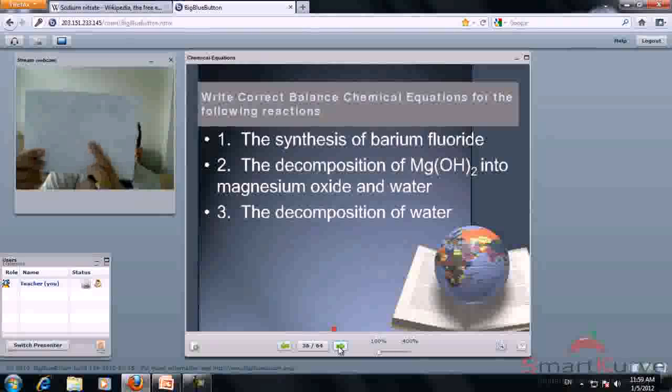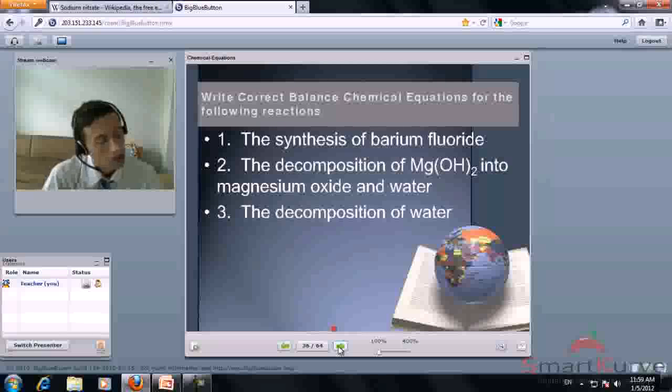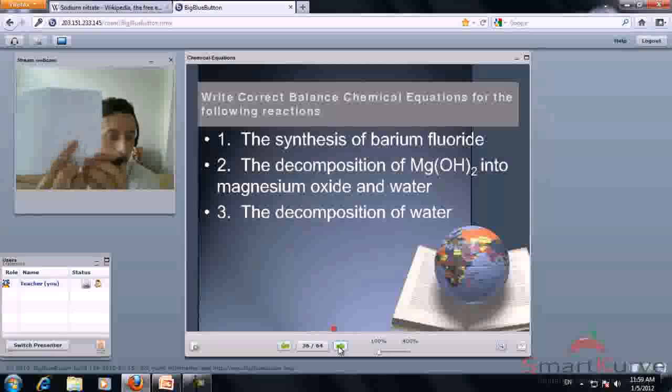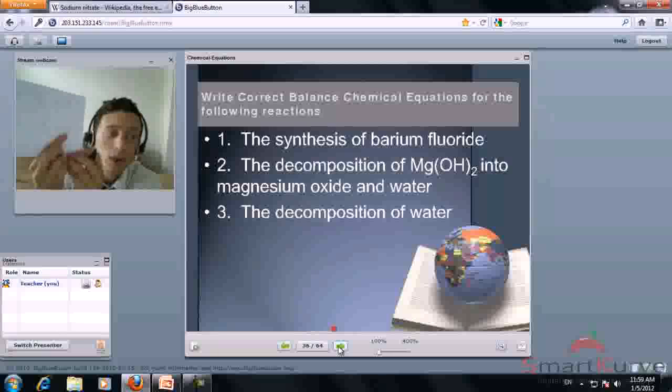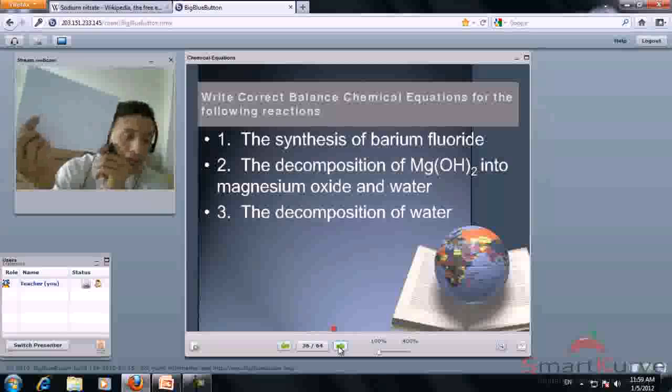Well, now we have 2 chlorine atoms in the reactant side, but only 1 in the product, which means we have to add a coefficient of 2 to the product side. 2 molecules of potassium chloride. Well, now we have 2 molecules of potassium chloride, 2 atoms of potassium, only 1 atom of potassium over here.